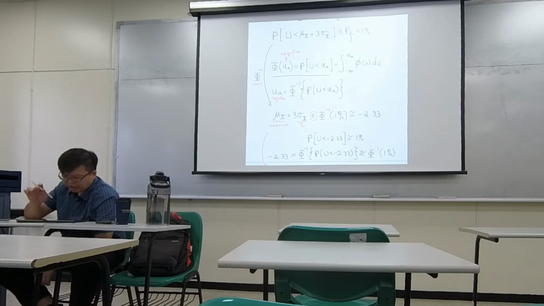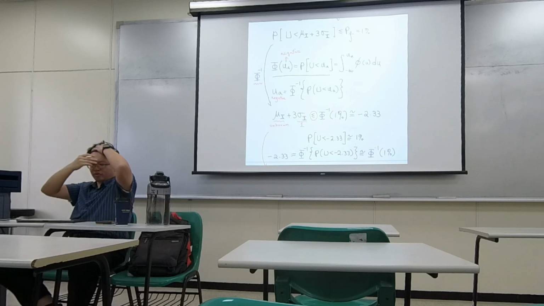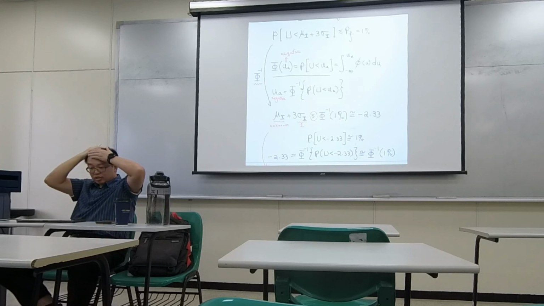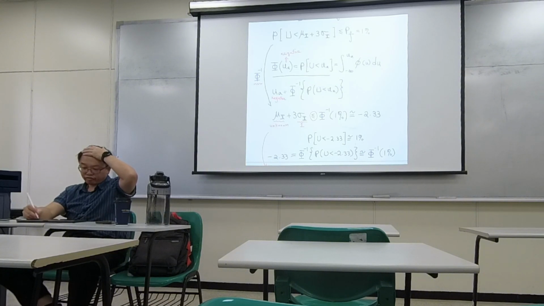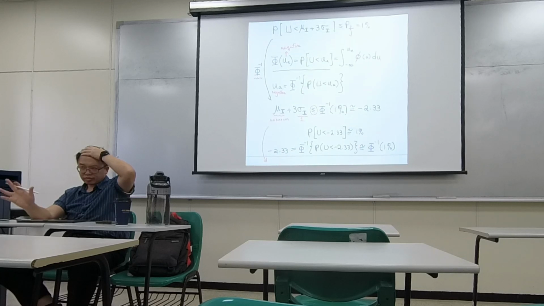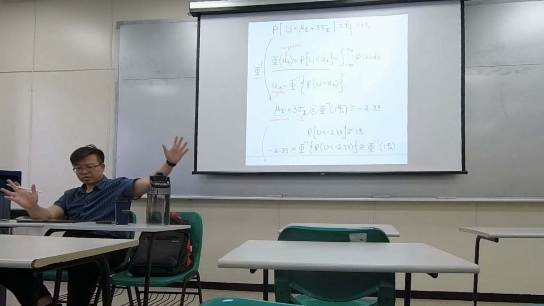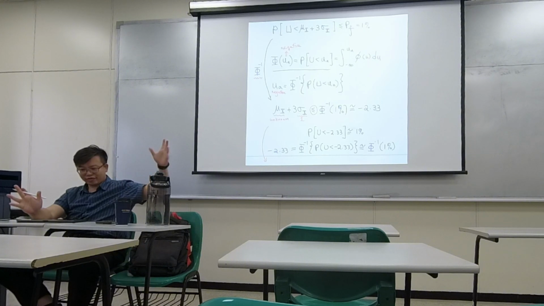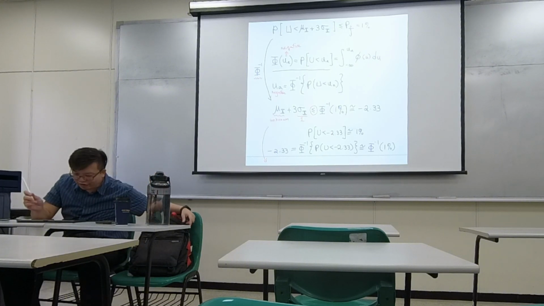I should make it larger than 2.33. After conversion, this space is on the left. If it's on the right, it's easier, but now it's on the left. That's why everything is negative.